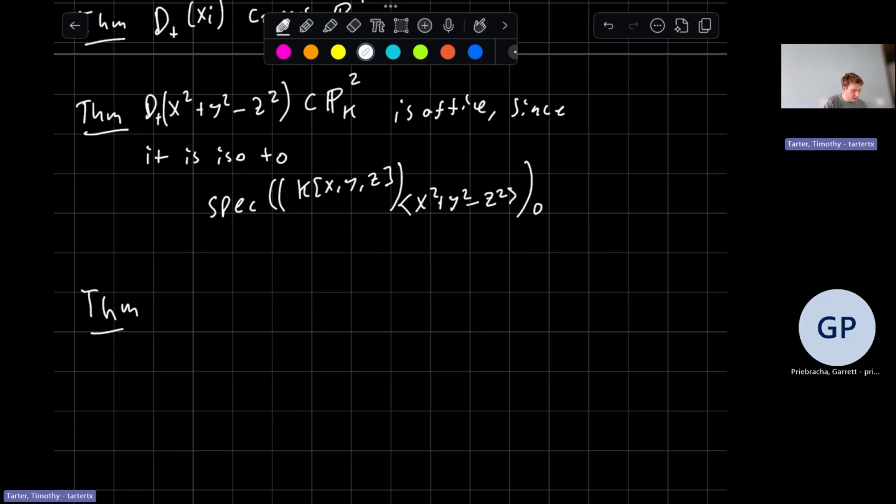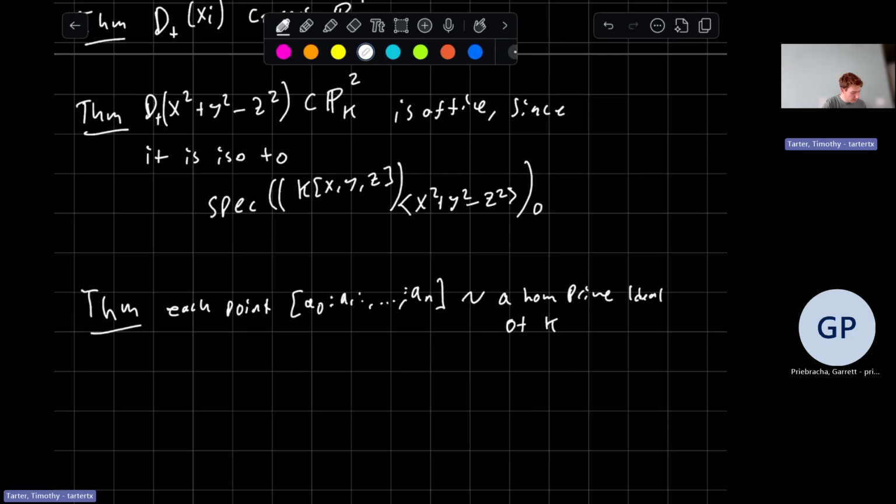well, okay, let me write this out. Each point A naught through An corresponds to a homogeneous prime ideal of K over X naught through Xn.